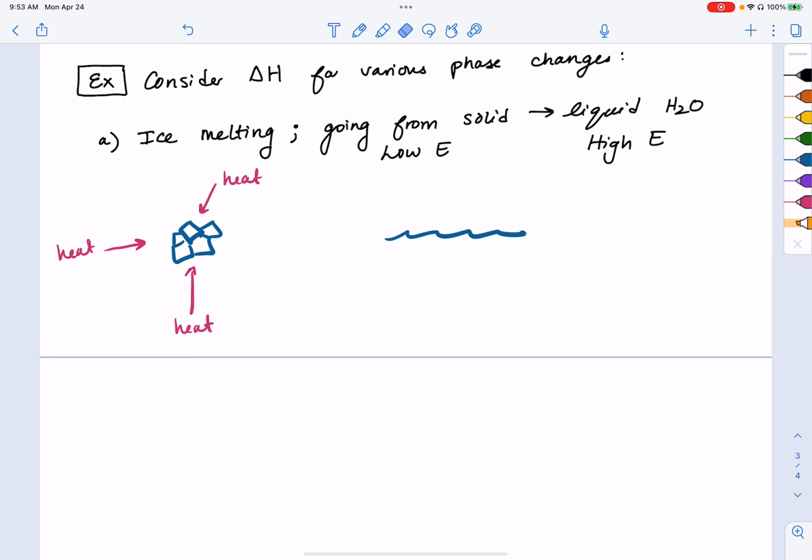So if we're taking in heat from the surroundings, then that means that we've got a positive sign on heat in our heat transfer. So heat is being transferred into the system.